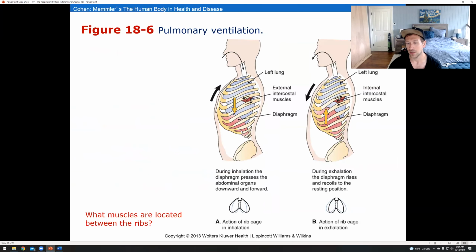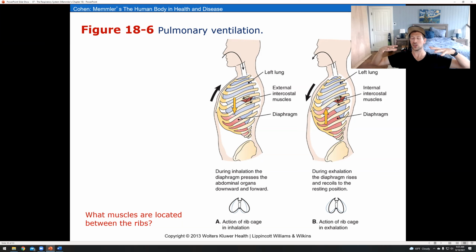You can see during a breath in, your diaphragm flattens down and pulls downwards. And then your rib cage, your intercostal muscles, particularly your external intercostals, which are the little muscles that live between each of your ribs, contract a little bit as well to open up your rib cage.